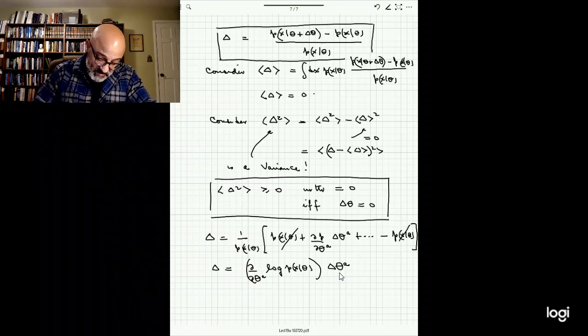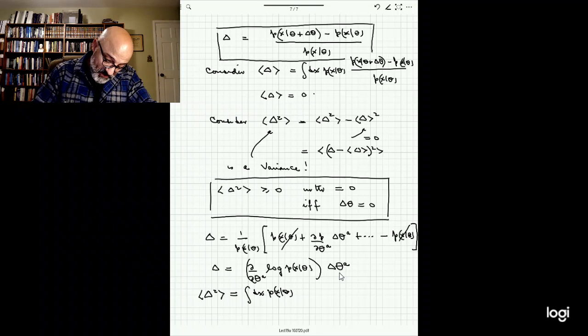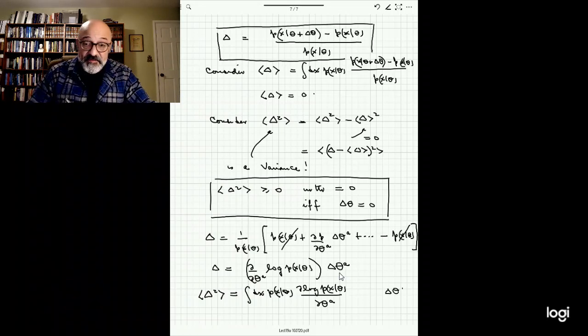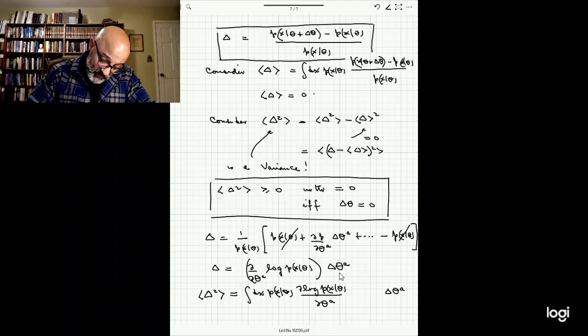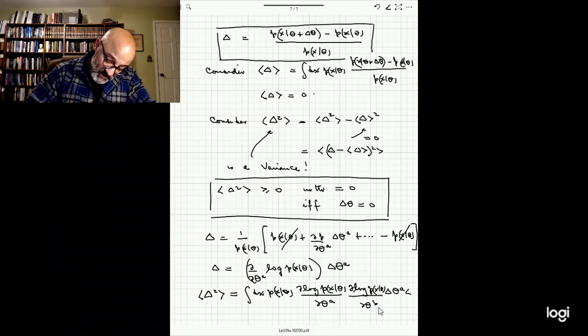When we do the expected value of the square of this quantity, what we're going to have is an expected value of the derivative of the log of p with respect to theta, d theta a, and then, since that quantity delta comes in squared, there is a second term, the derivative of log p with respect to theta b, multiplied by d theta b.